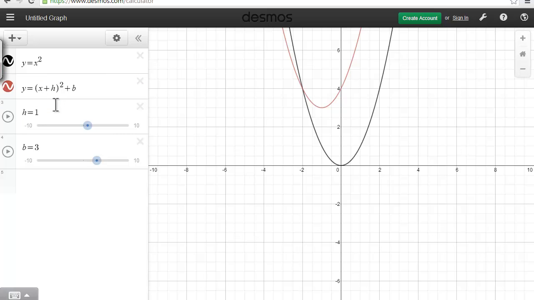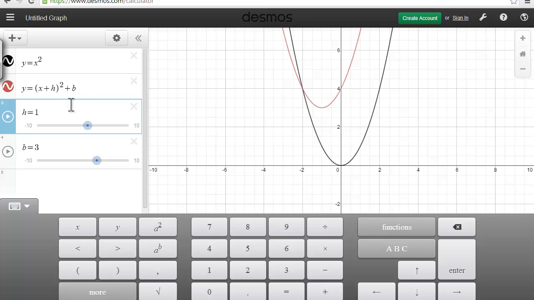So now we have two sliders. We have the inside variable that can alter and the outside variable that can also alter. Those are constants that in your formula you would get.